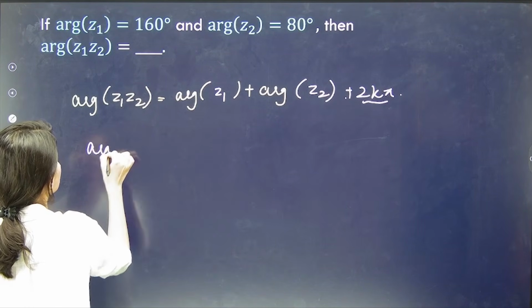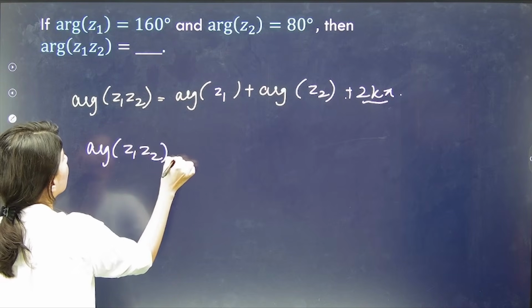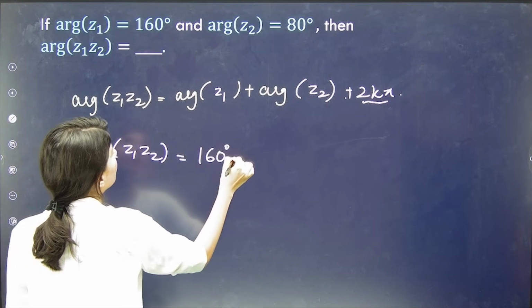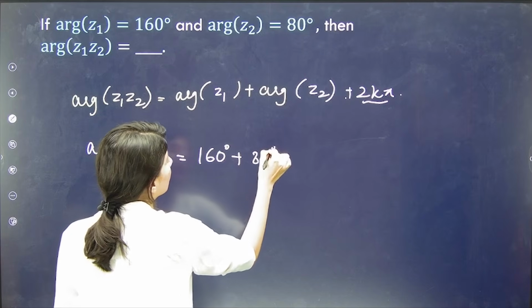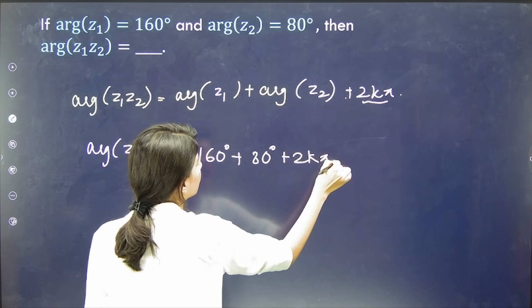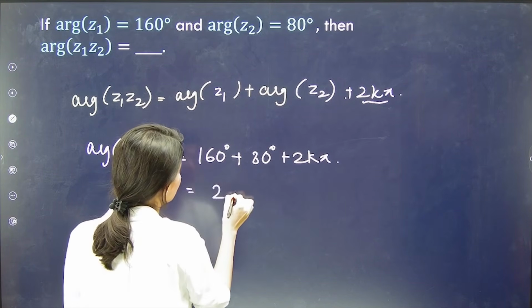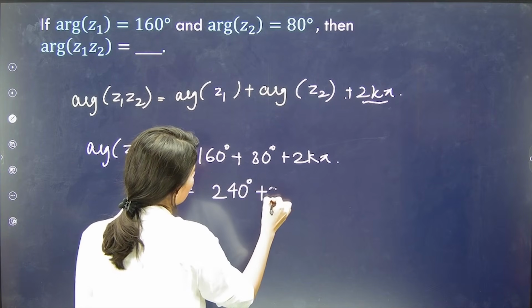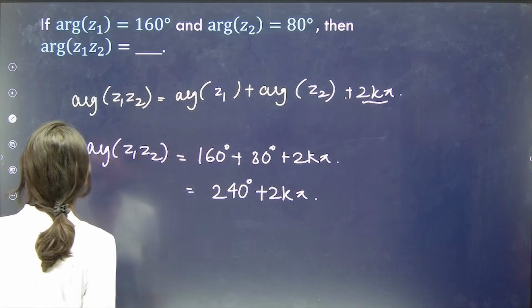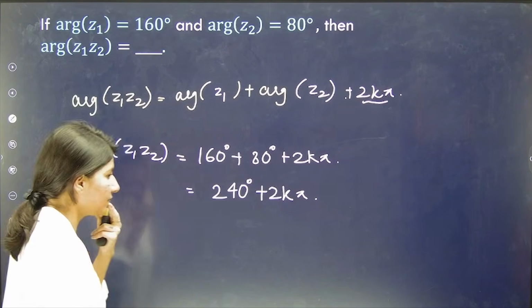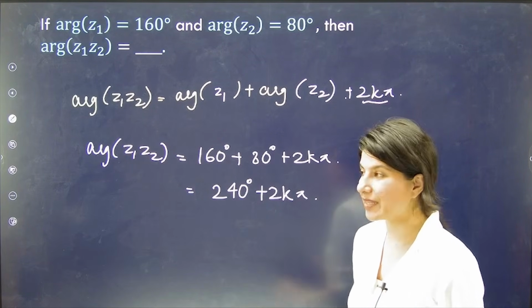So it is 160 degree plus 80 degree plus 2k pi. 160 plus 80 is 240 degree. Now we need to add 2k pi because the position of the angle should remain the same.